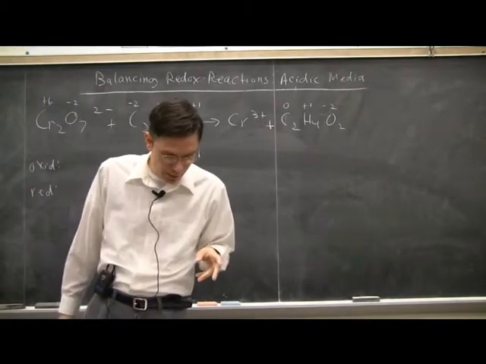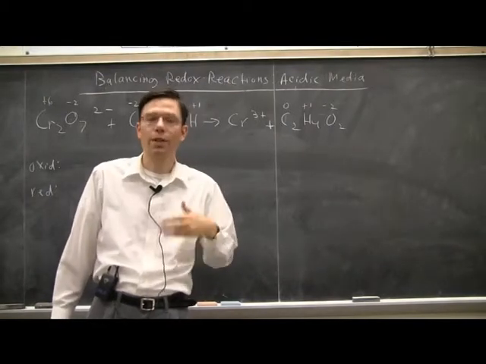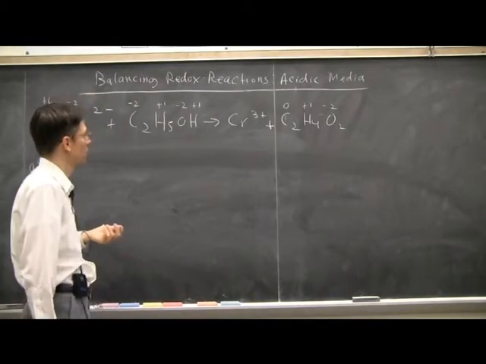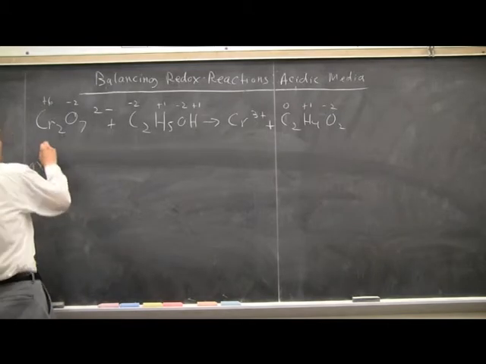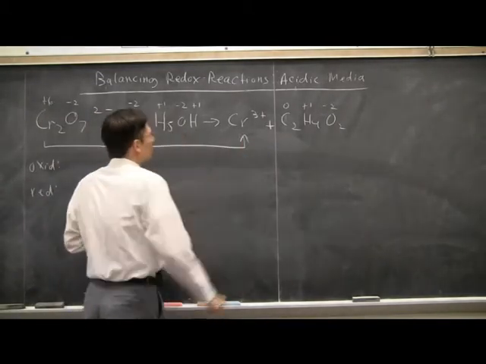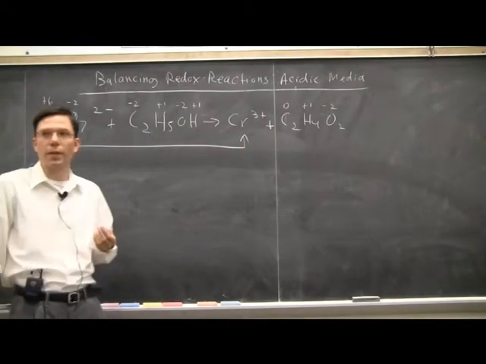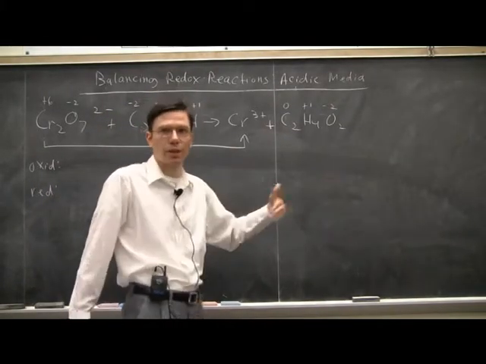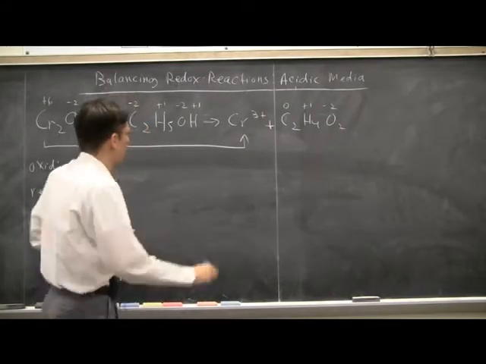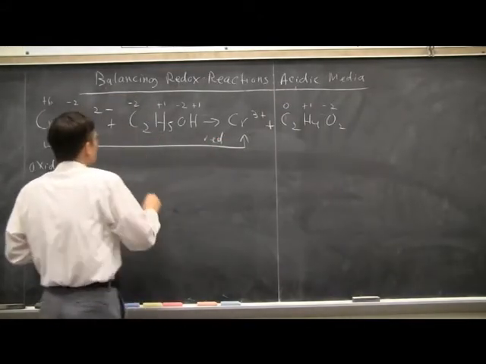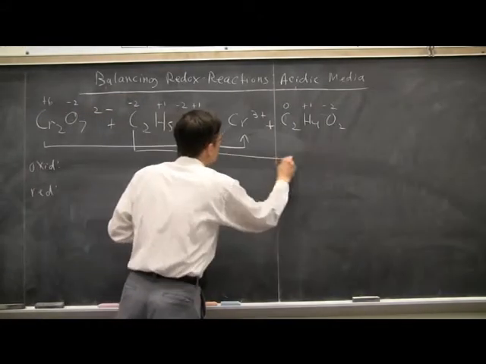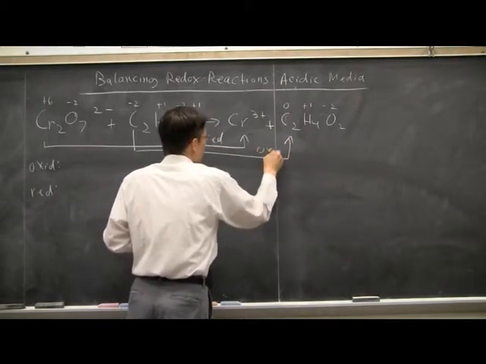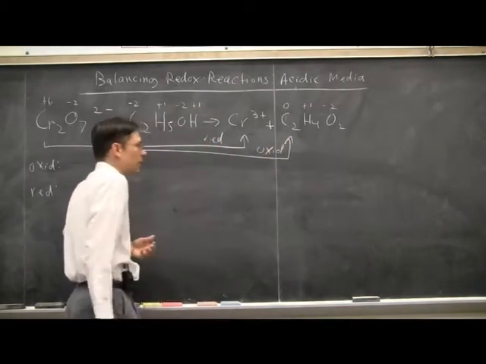Step 3 is to figure out the half reactions. We've got to figure out what's being oxidized and what's being reduced. Well, we see that chromium is going from +6 to +3. If you're losing the value, if it's actually going down, it's a reduction. And carbon, we see, is increasing in oxidation state, so that's oxidation.